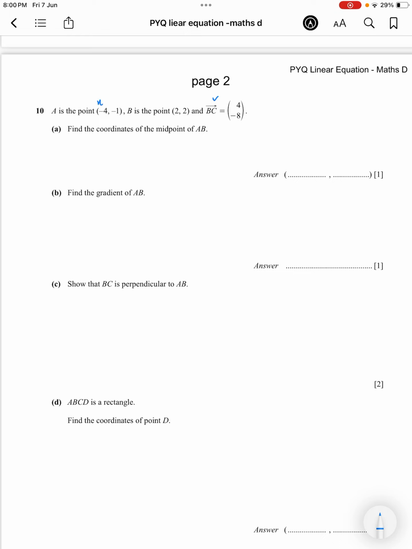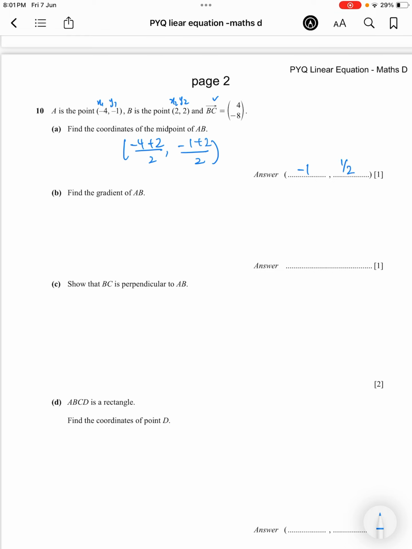So that's my x1, y1, x2, y2, midpoint -4 plus 2 over 2 for the x, and then the y, -1 plus 2 over 2, and then you should get your answer for x is -1, and for y you should get half, 0.5.